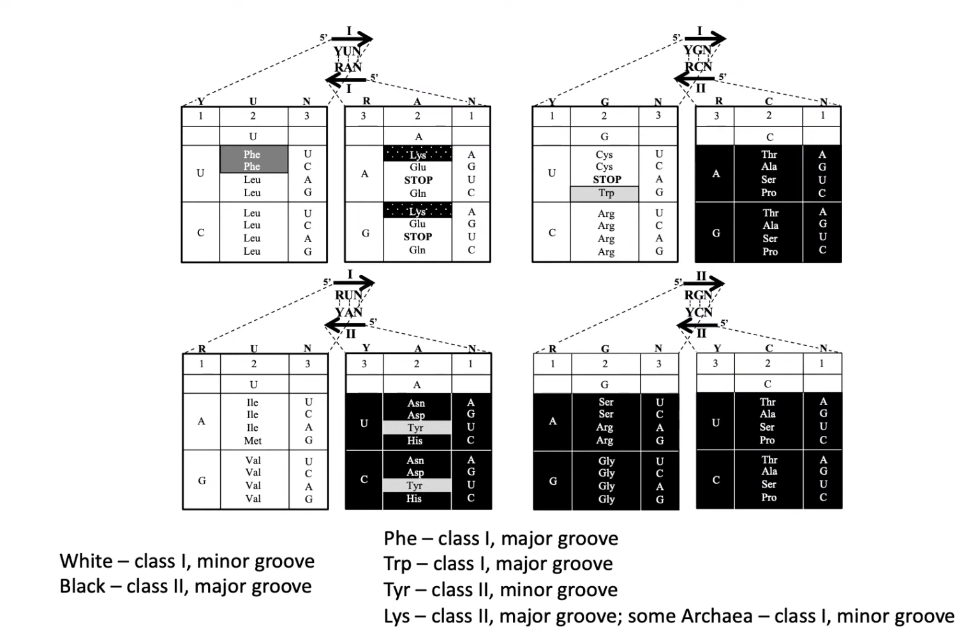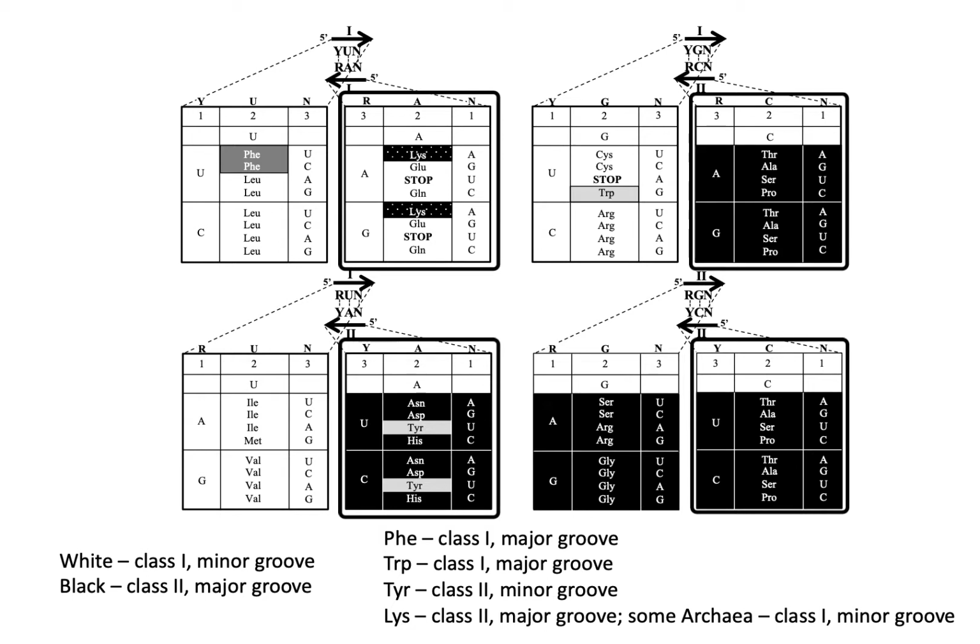I rearranged the previous slide and figure a little bit because I reversed these up here, so it was a little clearer what was going on, or I hope it's a little clearer.